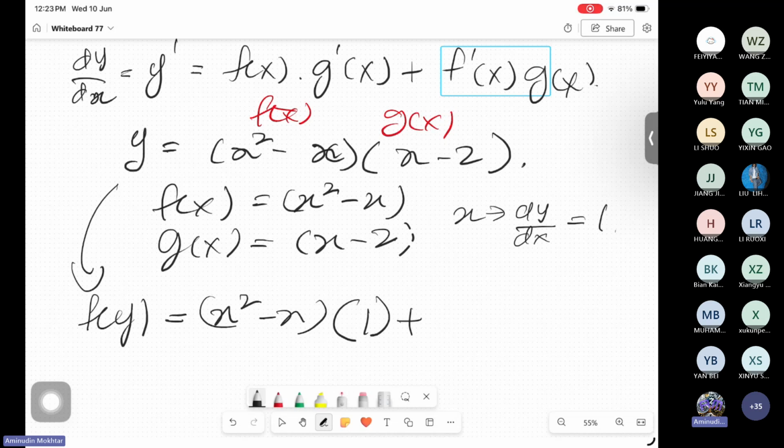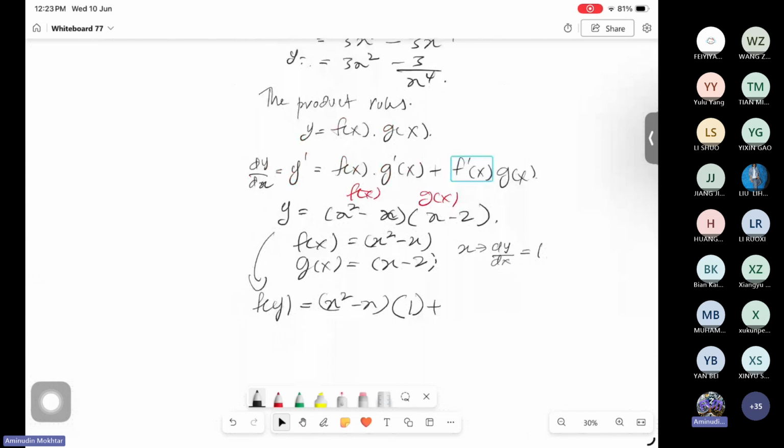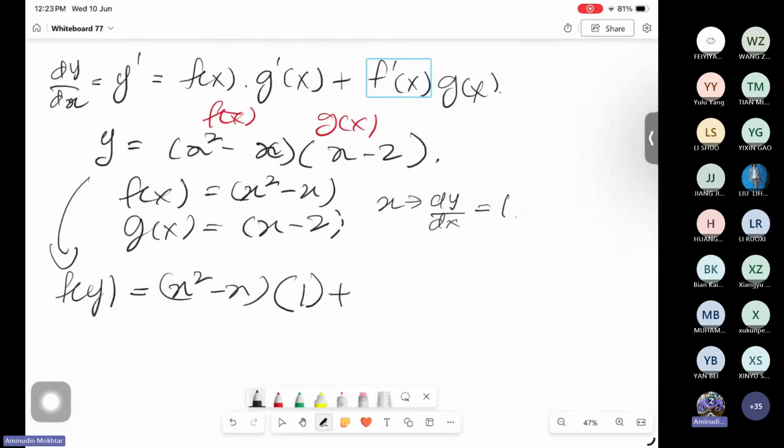Then we differentiate fx. Fx is x squared minus x, so the derivative is 2x minus 1.